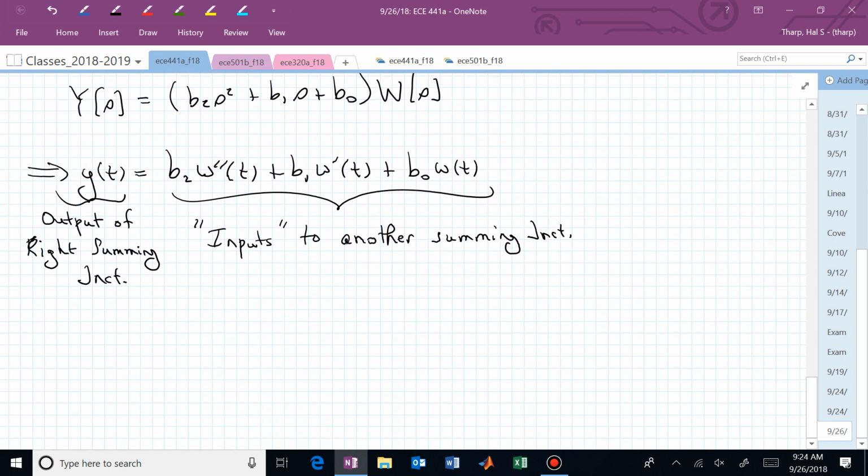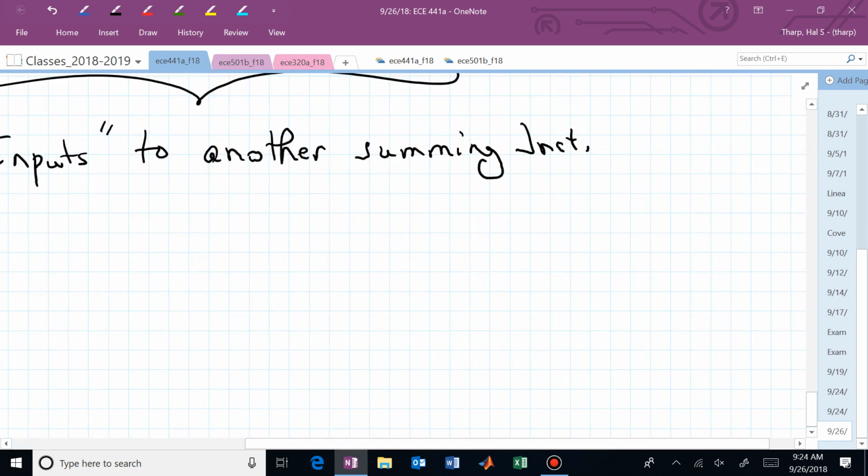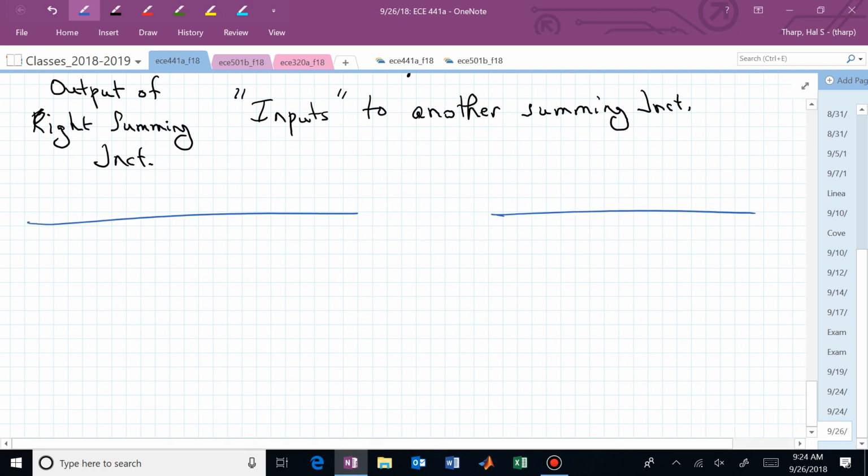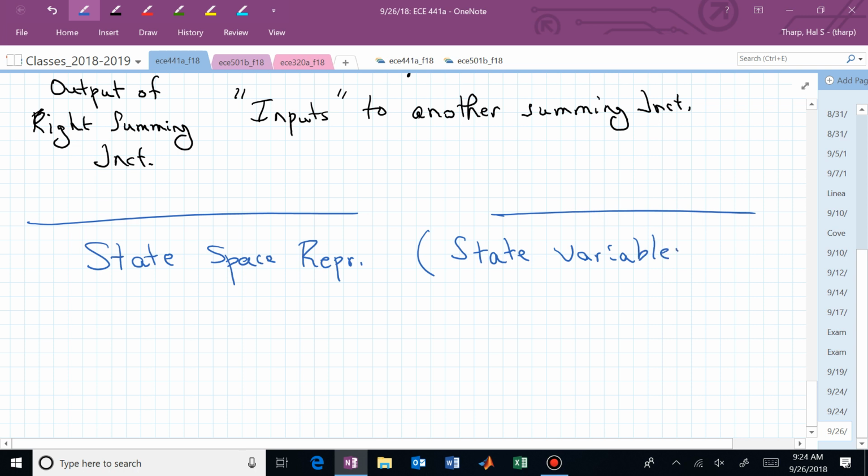And I can now create my state space representation by just applying the fact that the state variables, these x sub 1s, x sub 2s, x sub 3s, are outputs of the integrators.